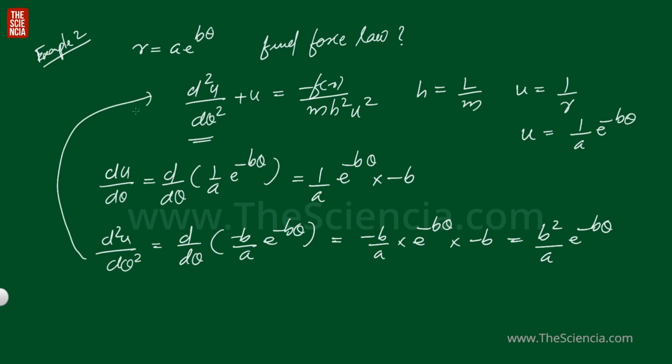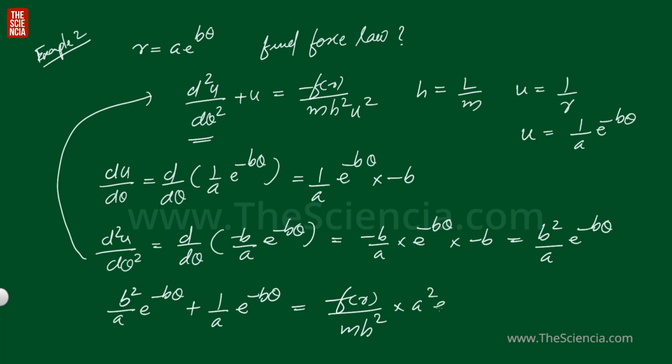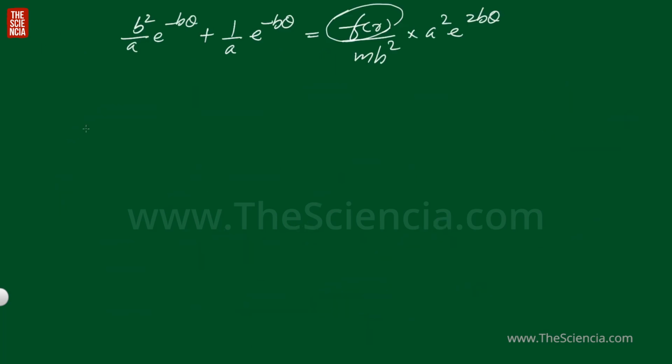Now we can substitute these values in this equation, that is we get b square by a e raised to minus b theta plus u, which is 1 by a e raised to minus b theta, equal to minus f of r by m h square u square, that is into a square e raised to 2 b theta. So we have to find out this f of r term. So I am going to rearrange this equation.